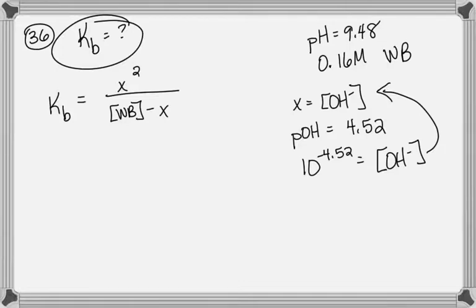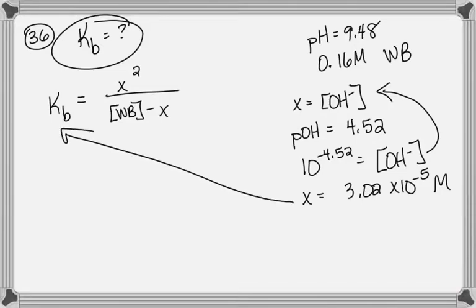Okay, so that means that x, which is the hydroxide ion concentration, is 3.02 times 10 to the minus 5 molar, because that's what x is, the concentration of the hydroxide when we're using a KB.